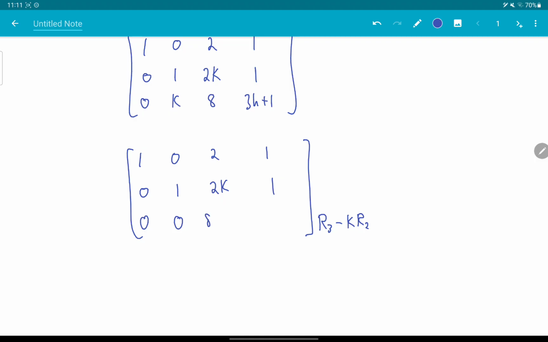And here I get 8 minus 2k squared, right? Then in the bottom right, I get 3h plus 1, and then subtract k. And this is echelon form.